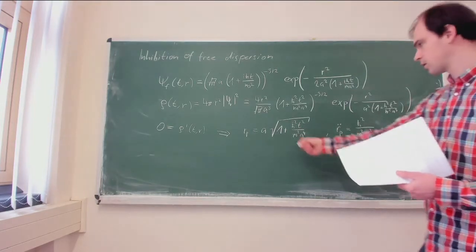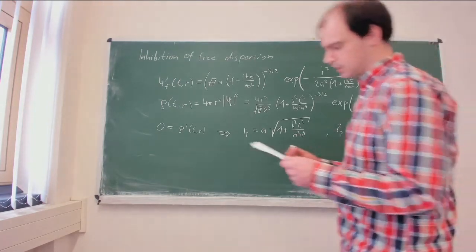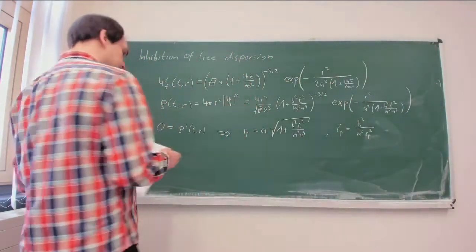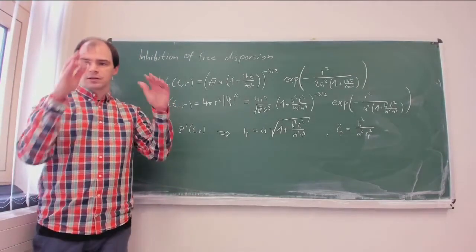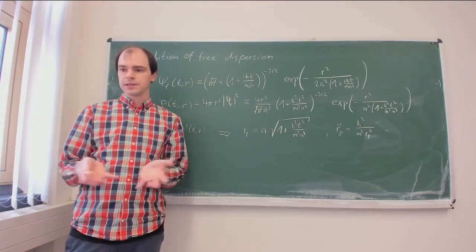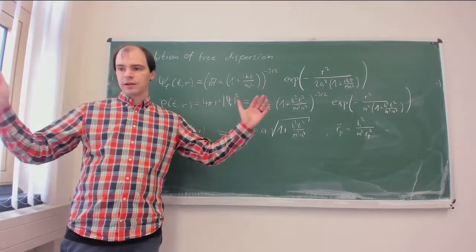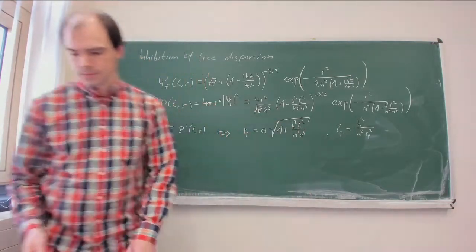So you could also understand this Rp as a solution of this differential equation. So basically, instead of looking at the whole wave function, we just look at the shell of maximum probability and see this shell as now accelerating with this acceleration.